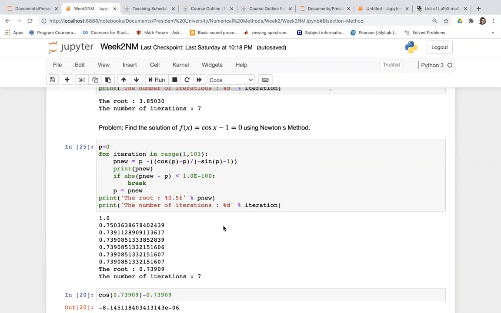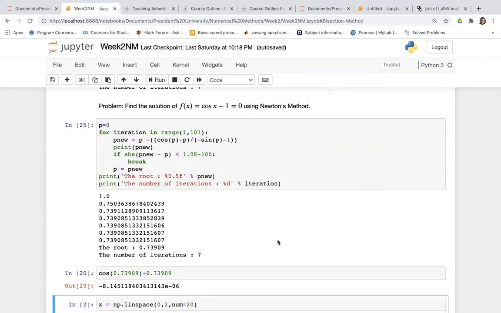Okay, so if there is no question, I will continue to the fixed point iteration. Actually, you already know the most common methods in numerical root finding problems, that is Bisection and Newton.